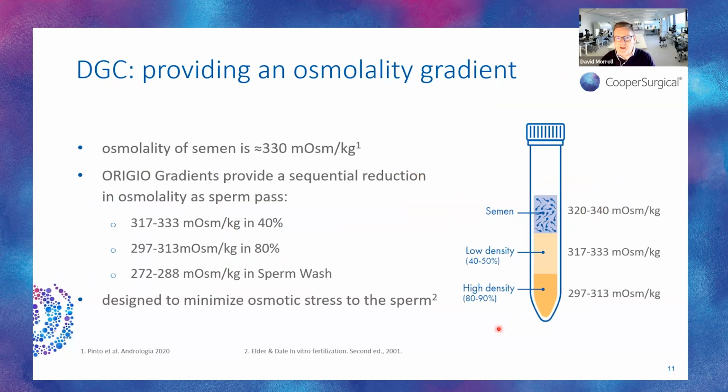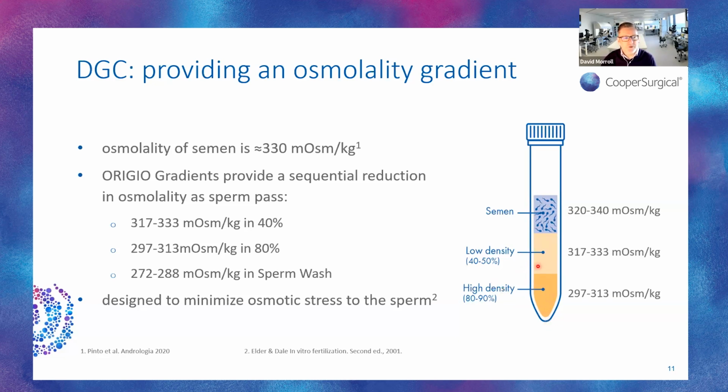Now, the other thing to say about density gradients is typically they have all been at the same osmolality. So if you spin down, semen is typically somewhere between 320 and 340 milliosmoles per kilo. And therefore, if your gradients are isotonic, typically at 270, 280, there's a degree of osmotic stress as they go through the medium.